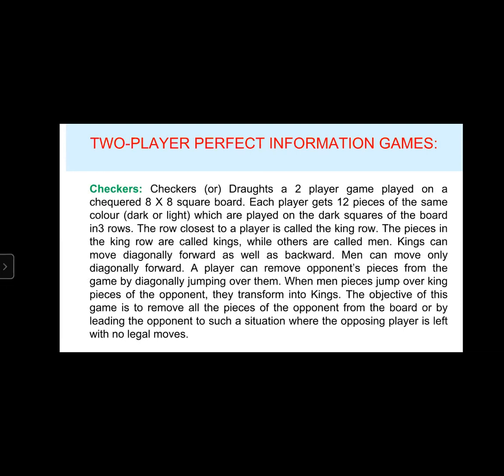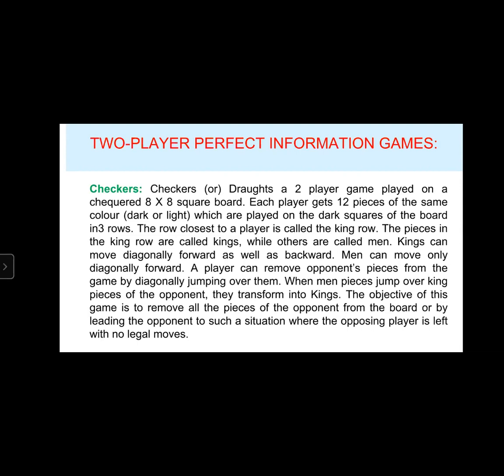And next game, checkers. Checkers or draughts is a two-player game played on a checkered 8x8 square board. Okay, clear? Each player gets 12 pieces of the same color, dark or light, which are placed on the dark squares of the board in 3 rows.